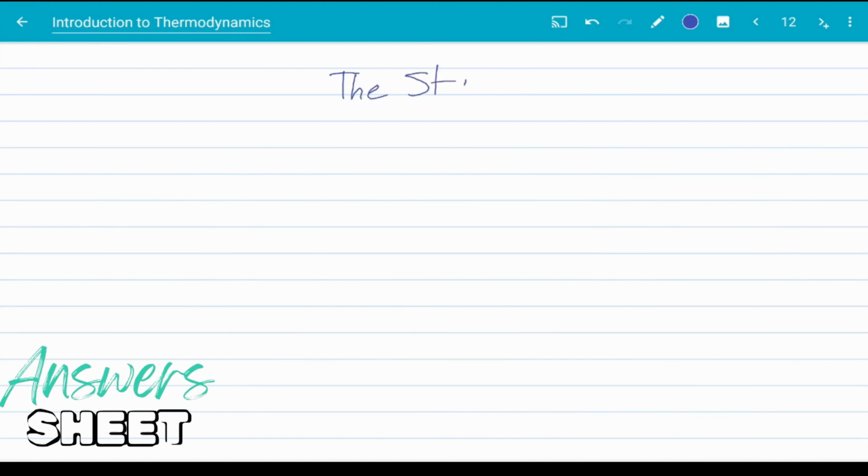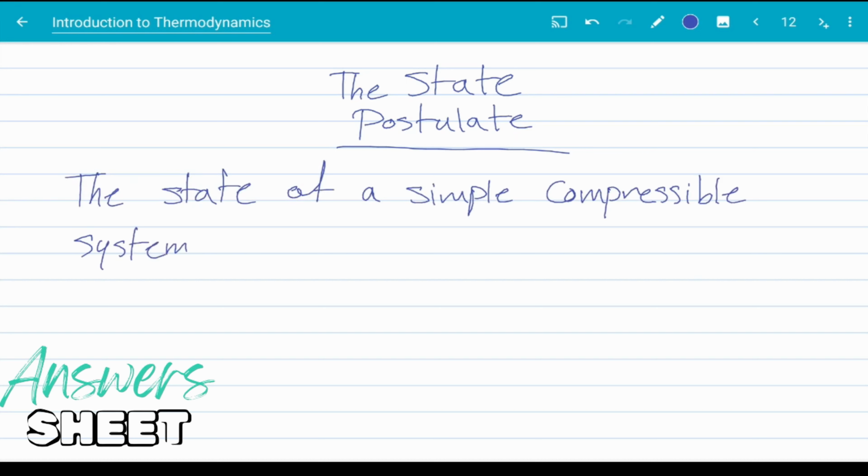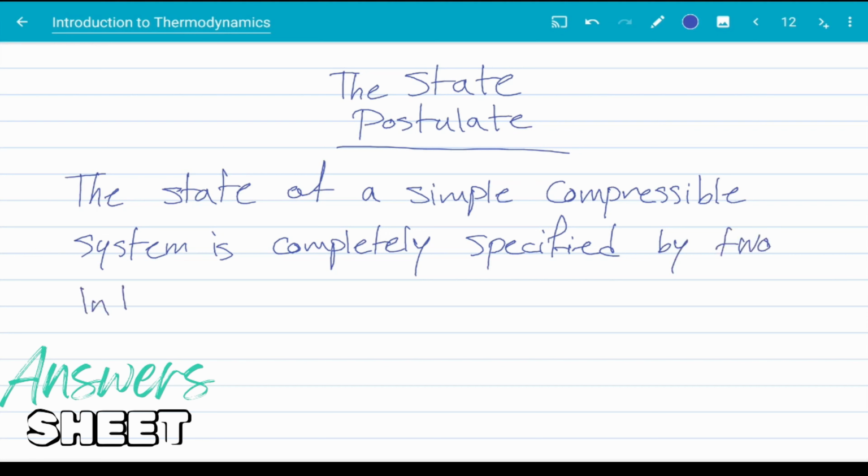The state postulate is one of the most important tools in understanding thermodynamics. Its definition doesn't say much, but you'll see in future discussions how basic and important it is. The state postulate says that the state of a simple compressible system is completely specified by two independent intensive properties.